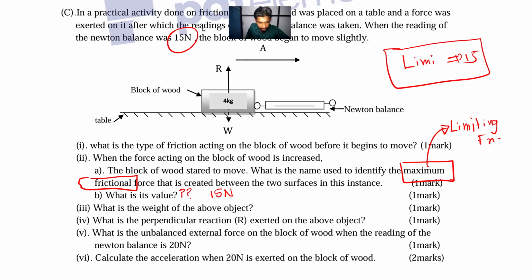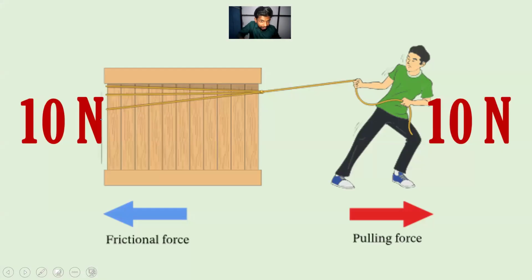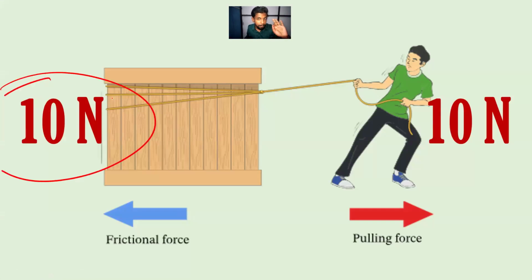B part, okay. B part, what is the value of the limiting frictional force? You know, limiting means when the object starts to move, there will be a frictional force. That is called limiting. In this example, 1, 2, 3, 4, 5, 6, 7, 8, 9, 10. So at this time, the object starts to move. So here, the 10 was the limiting. Why was the 10 limiting? Because when I apply 10 Newton, frictional force was 10, and at this time the object started to move.